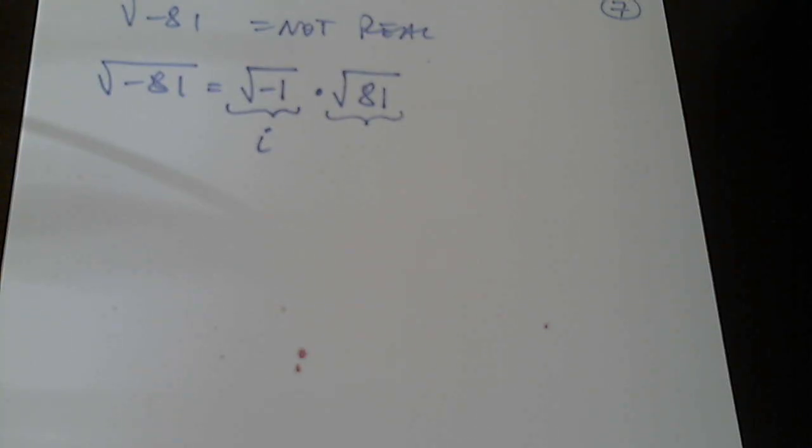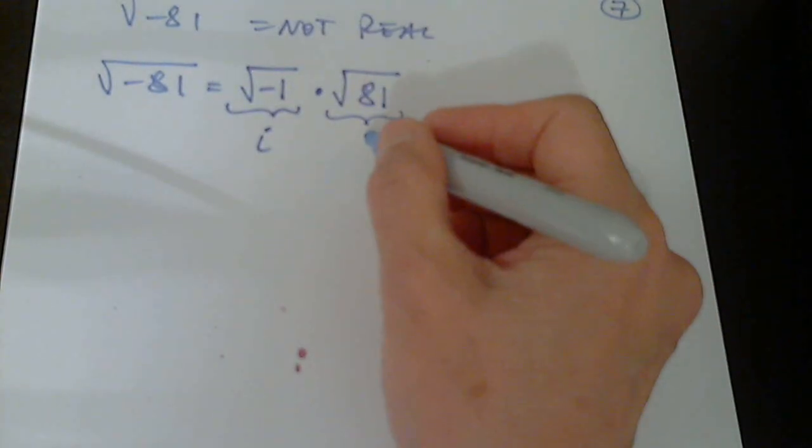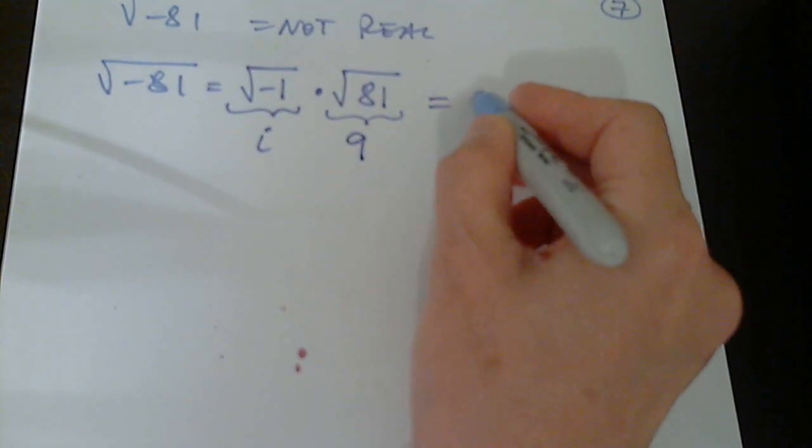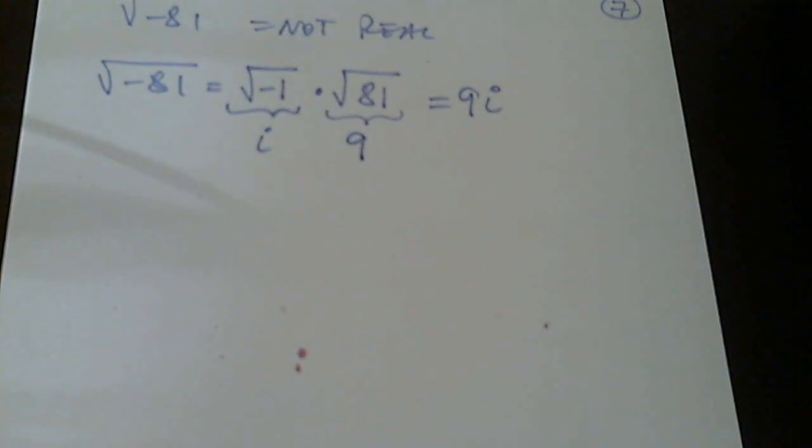Which number do I square to get 81? 9. Exactly. So then the answer is 9i. We cannot, again, take square roots, fourth roots, sixth roots of negative numbers and get real numbers.